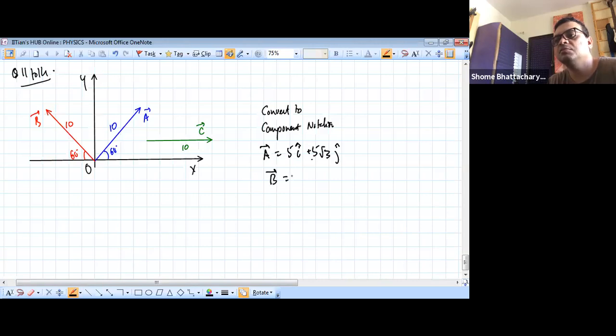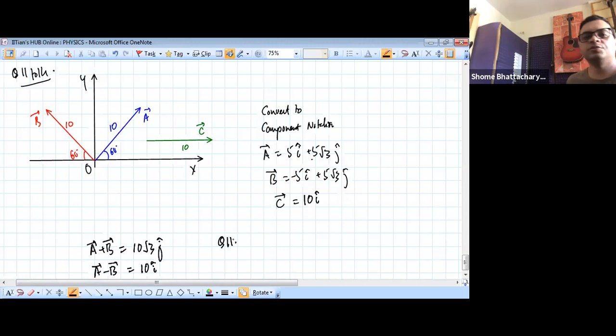Our vector B will become minus 5 i cap plus 5 root 3 j cap, and our vector C will be equal to 10 i cap. So therefore you can see that E plus B, just add these two, is becoming 10 root 3 j cap, whereas E minus B is 10 i cap. That is why you can see that in question 11, the correct options are becoming which ones?